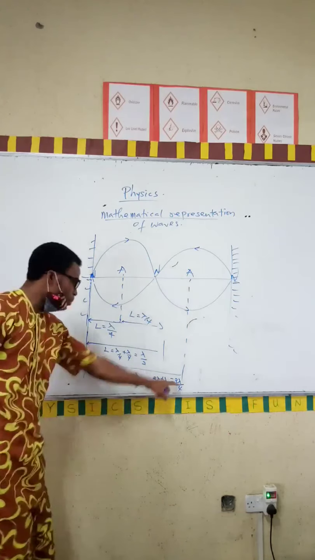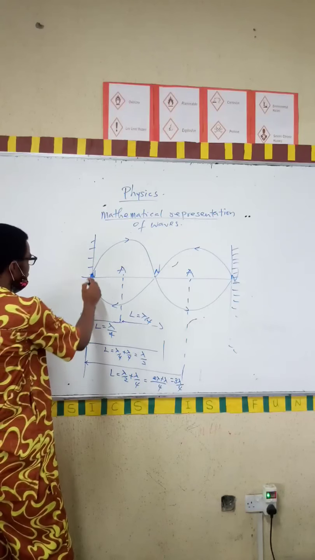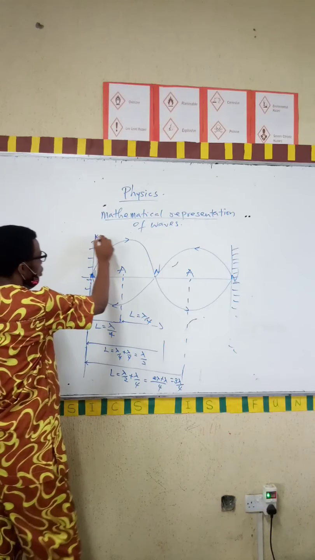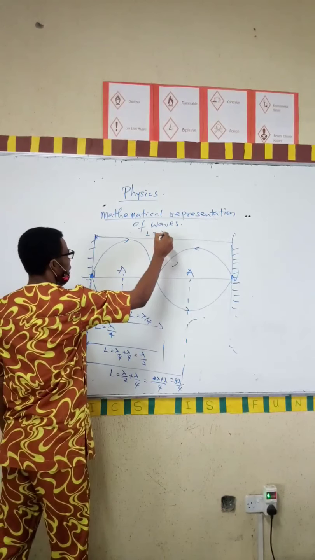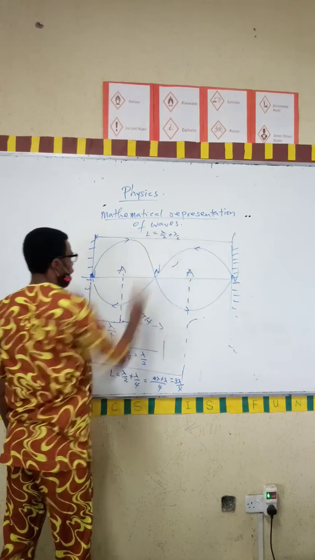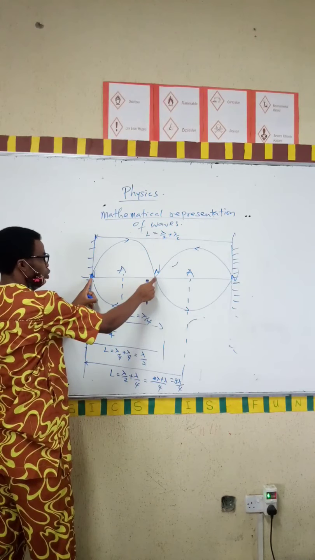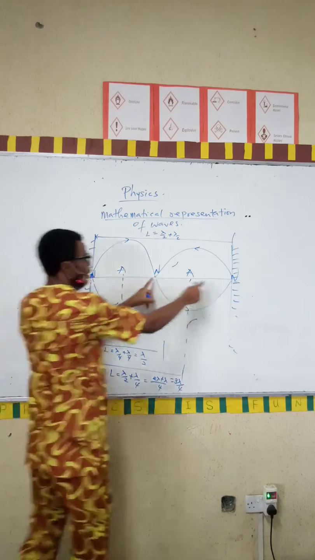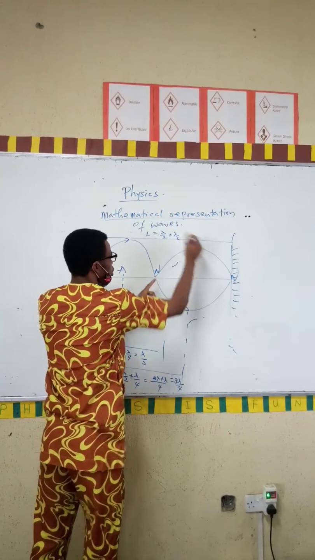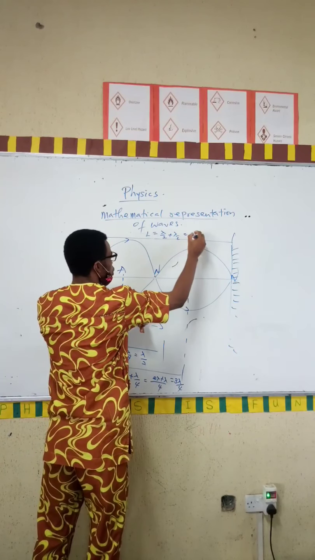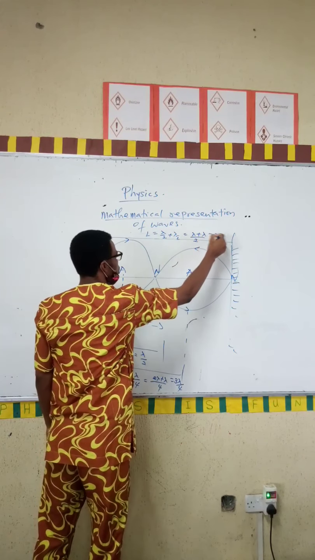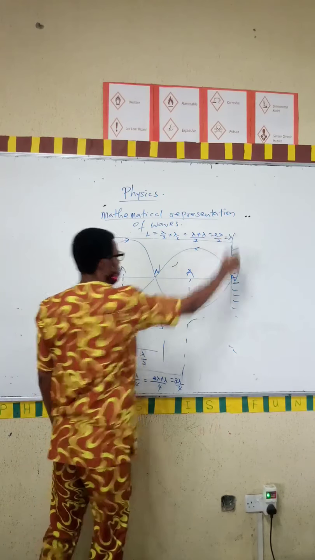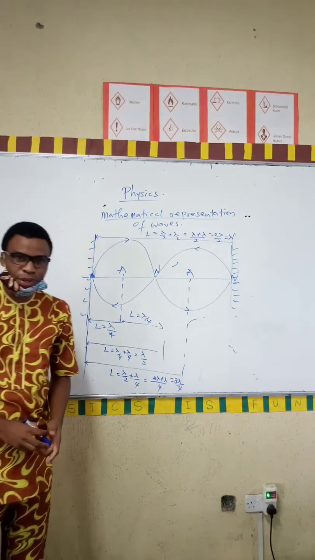And if I do it from this node to this node, I'm going to have lambda over 2 plus lambda over 2. From here to here is lambda over 2, and from here to here is another lambda over 2. So we have lambda plus lambda, 2 lambda over 2, and that will give us lambda, which is a period. Okay? So next is this.